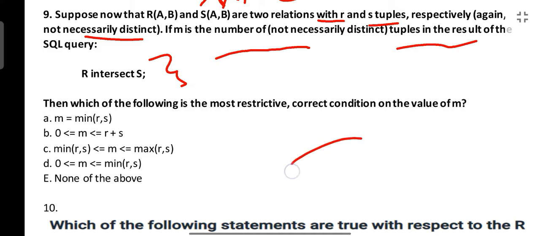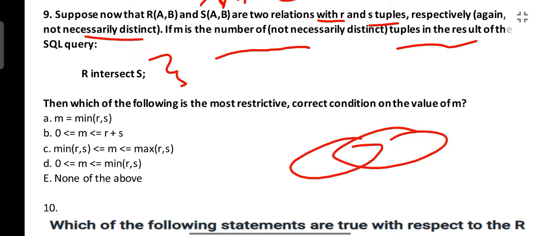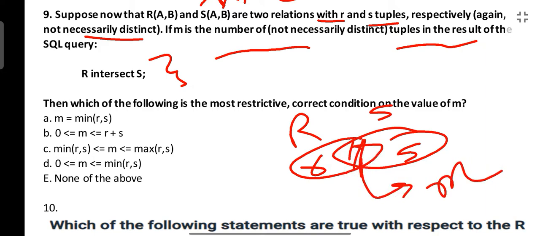So suppose these are two relations, this is R and this is S, and they are telling us the intersection is M. So what can the intersection be? Intersection means the values which are common to both relations, so it can be 0 also. Let's say they don't have any common value.